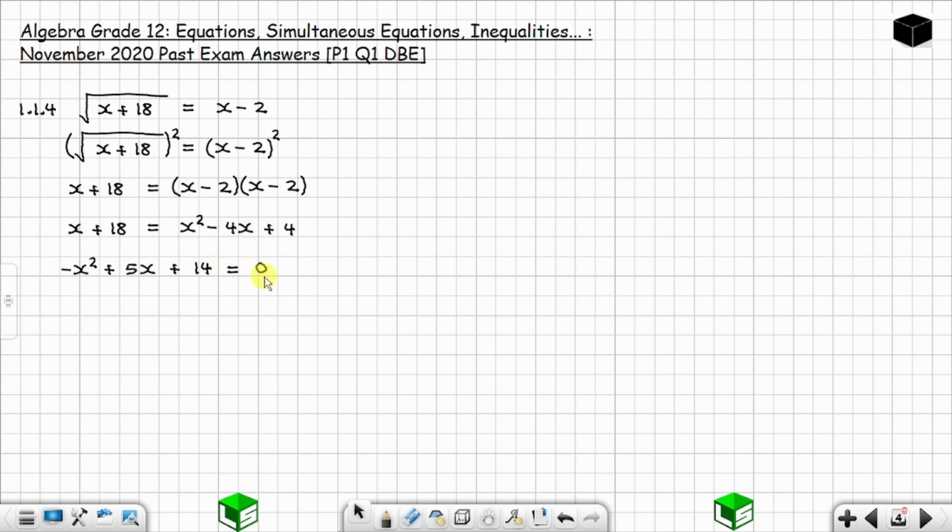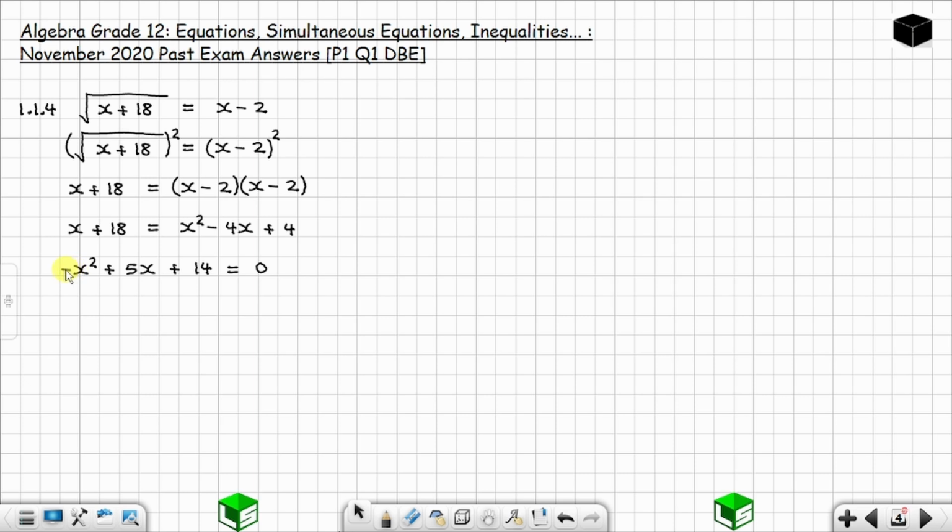And from here, what you want to do is to have the coefficient of x squared equal to 1, not negative 1. What you can do is multiply by negative 1 throughout, so that you can have 1 in front of x squared.